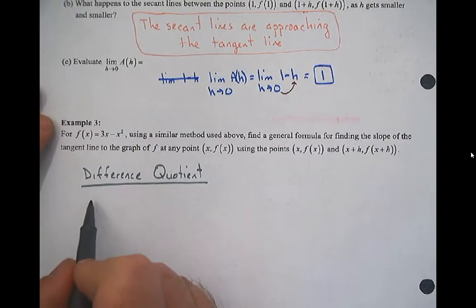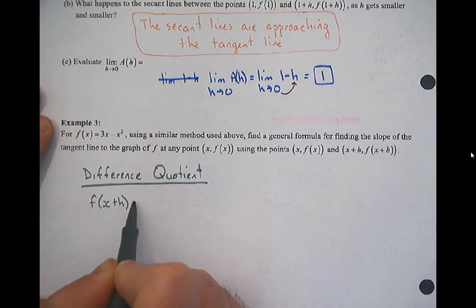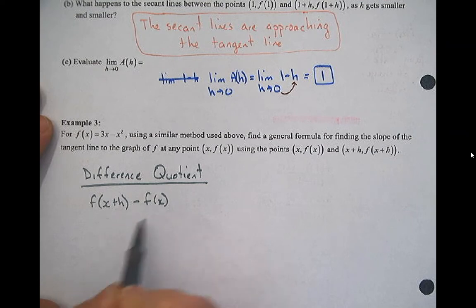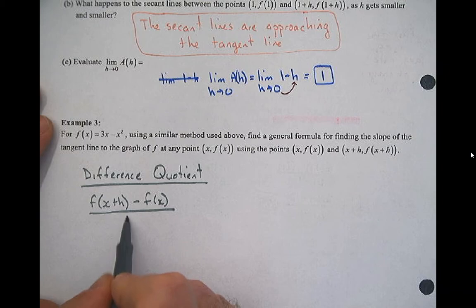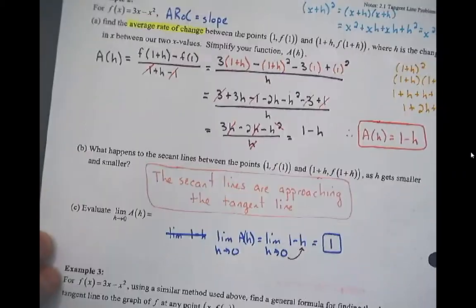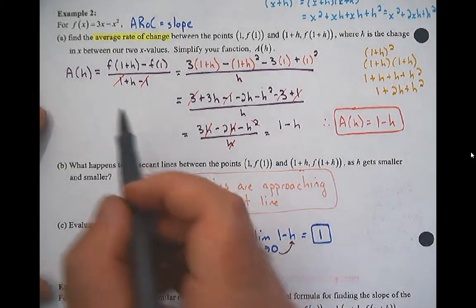The difference quotient is f of x plus h minus f of x all over h. That's the same thing. Remember when we did that up here? This thing right here, this is what we call the difference quotient.